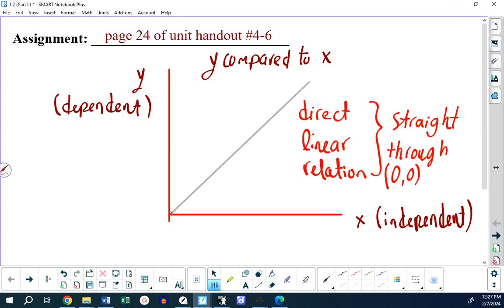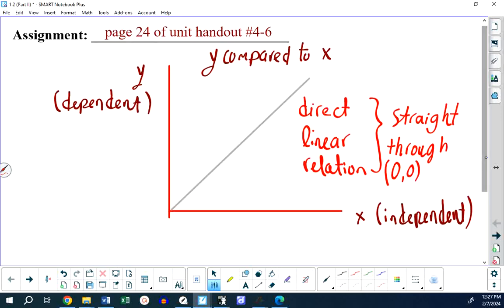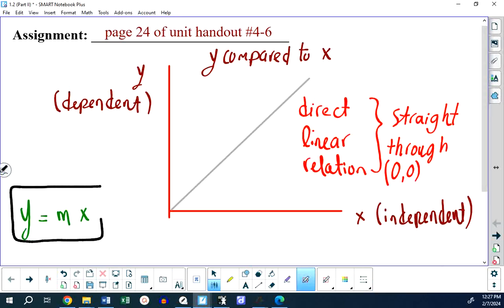What we learned yesterday is that there's an equation that you can use to calculate y using x, and the equation is y is equal to m times x. This is the new thing we learned yesterday. Alexa, what's m?